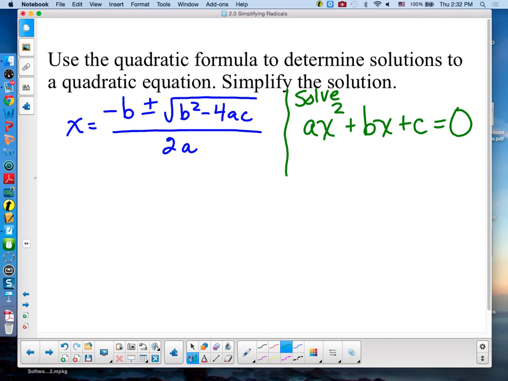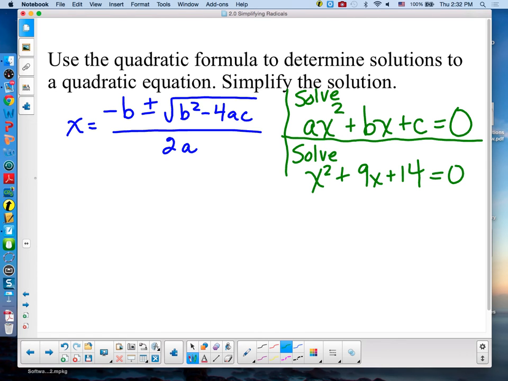My first equation we're going to solve is x squared plus 9x plus 14 equals 0. That's the one we're going to try and solve for our sample. I wrote it over there so that we could match up and figure out what's the a, the b, the c.